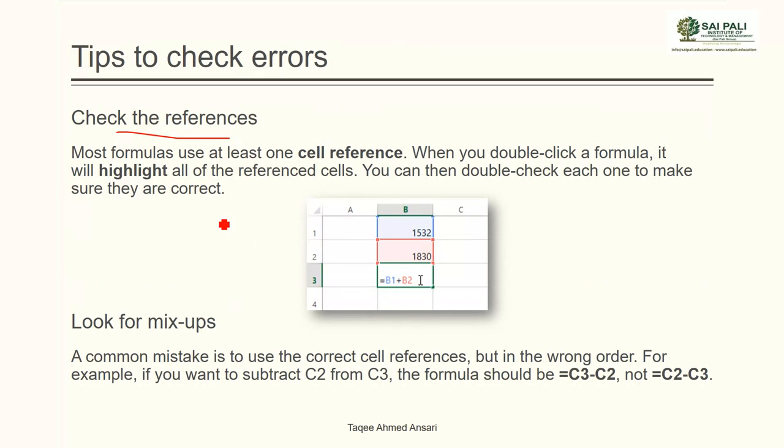First, check the references. Whenever we use any formula or function in any cell, you have to be sure that the references you are giving are the correct references. How can you check it? You can just double click on the cell where you have used the function or formula. It will highlight those cells which you have used, so you can see whether it is correct or wrong.